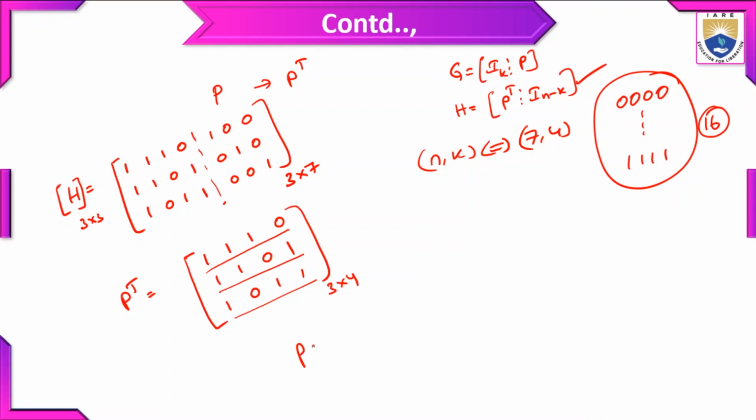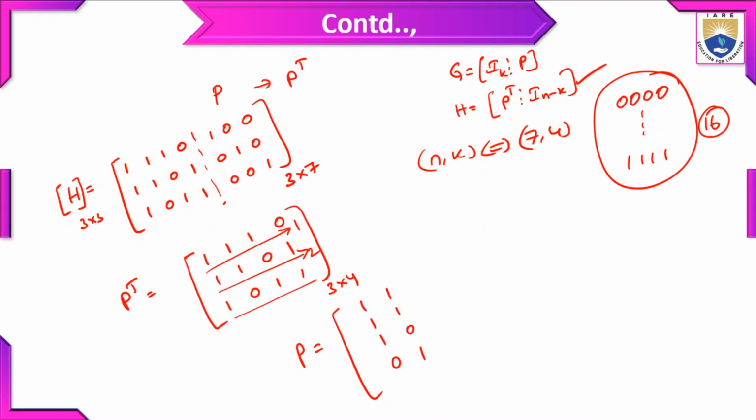So see how we generate it. 1 1 1 0, this is my first row. The first row is converted into the first column, and this is the second row, 1 1 0 1.